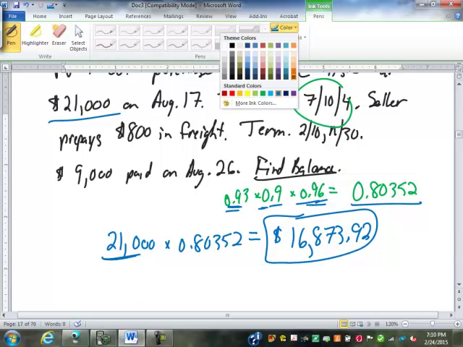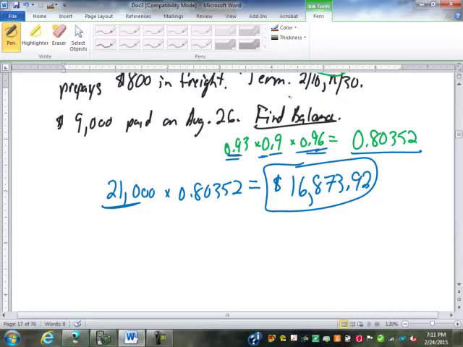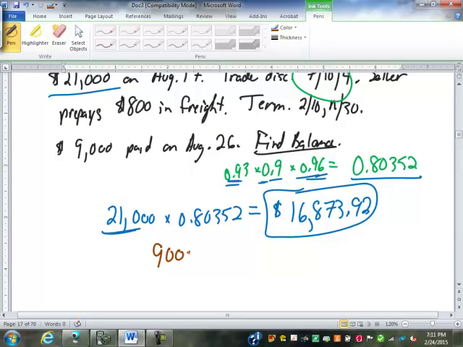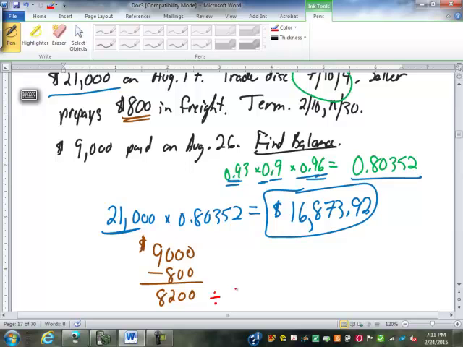9,000 divided by... careful. 8,200. Where did the 8,200 come from? We have our $9,000 payment, but we had 800 in freight, which has to come out of the payment first. 8,200 gets applied to the invoice, and then that is divided by 0.98, which gives us 8,367.35.